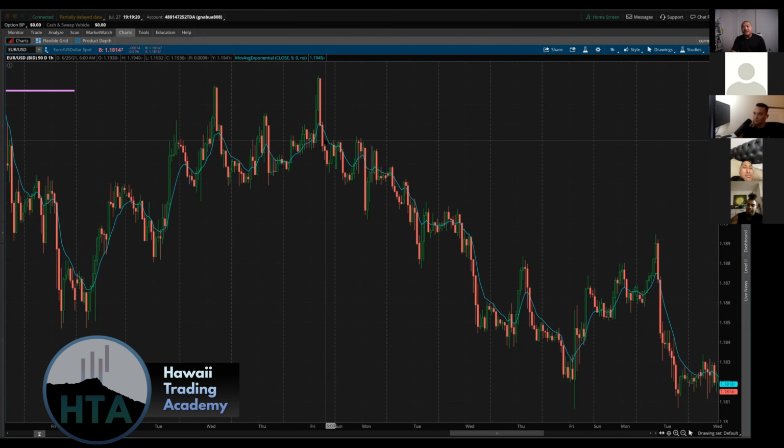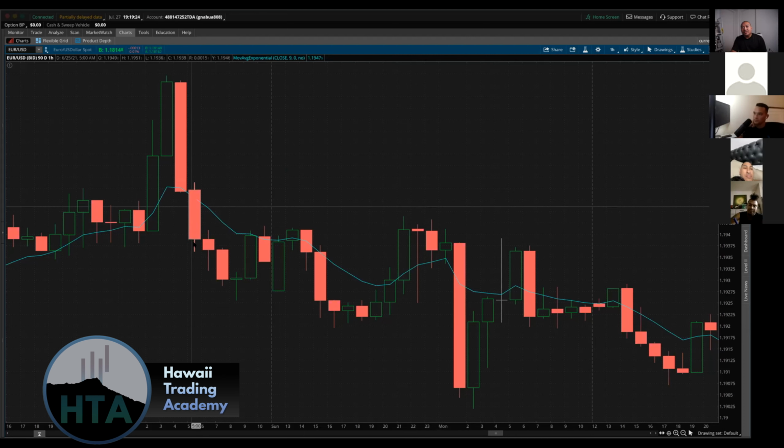So like you can say, hey, if price closes below my EMA, I will be going short, right? And then I will exit when price closes above. It's just a simple trading plan. If price closes here, then I will trade this.